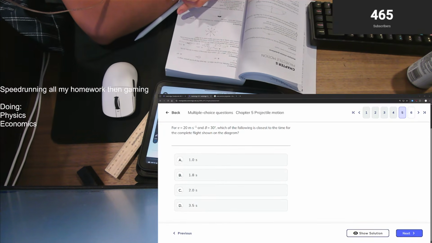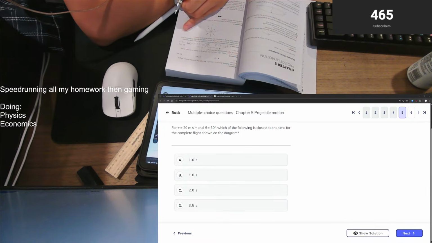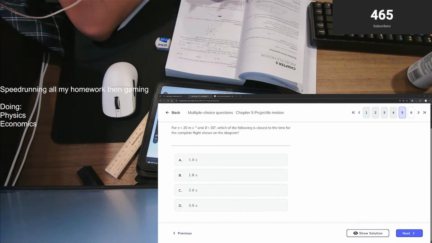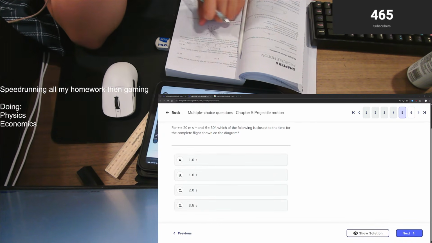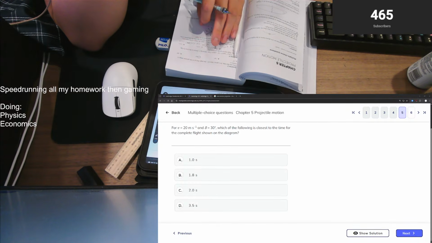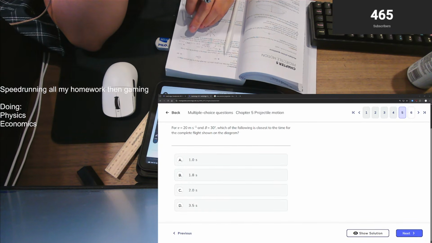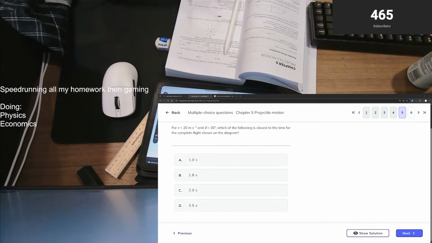How does that even happen? What is it U by V? I don't know what that means. What is U by V cosine? What does cosine got to do with this?